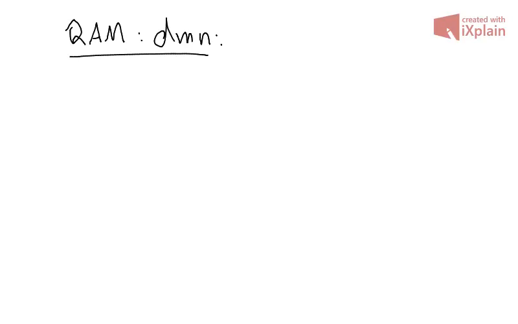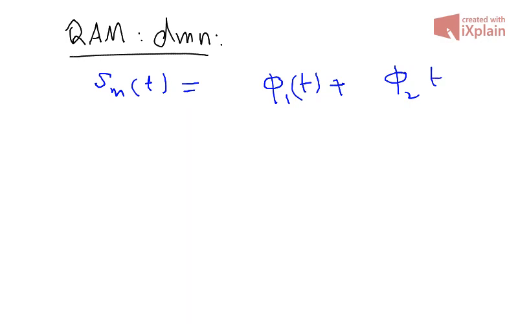We continue with the Euclidean distance for the quadrature amplitude modulated signal, and we said that our signal can be expressed as a summation of the scaled versions of phi 1 and phi 2.